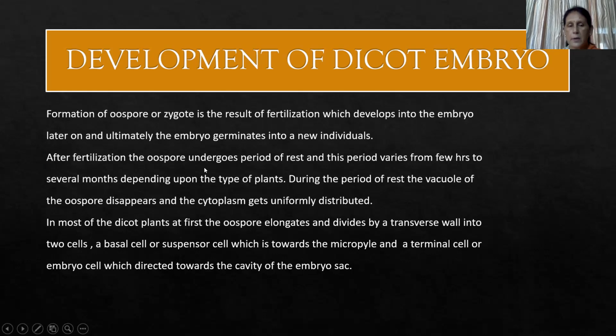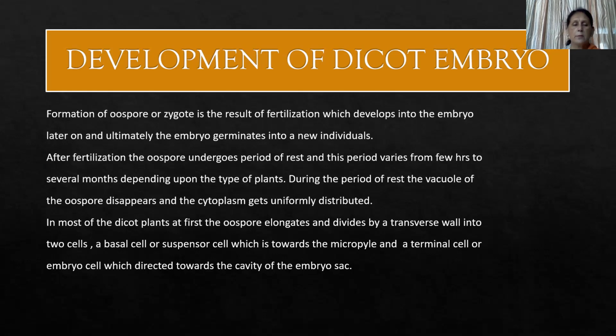It is also diploid and undergoes a period of rest, which varies from a few hours to several months depending upon the type of plant. During the period of rest, the vacuole of the oospore disappears and the cytoplasm gets uniformly distributed.